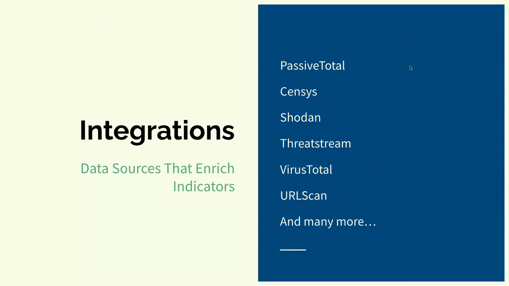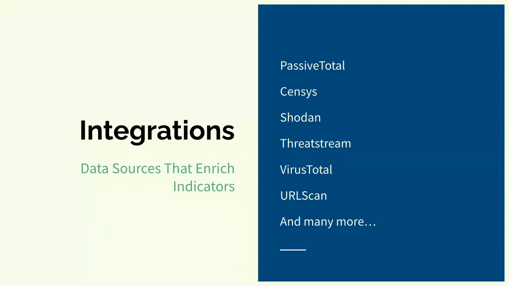One of the most important concepts in Cont3xt is what we call integrations. And these are basically your external data sources. They are used to enrich your searches and provide the data for your technical investigations. It uses the integration APIs to provide the data that you'll see here in the demo.